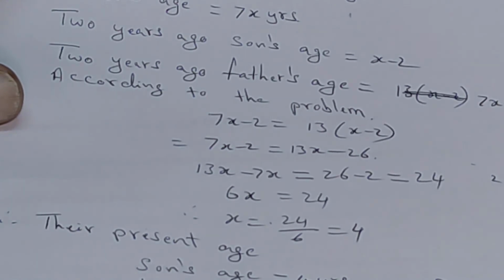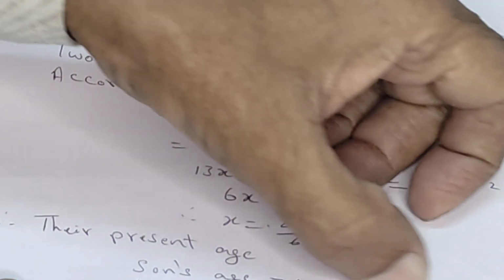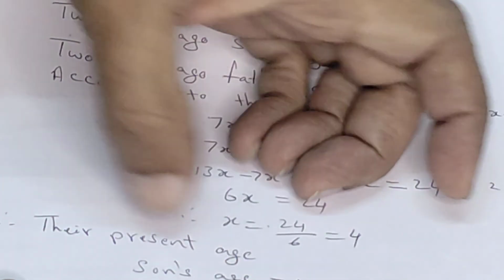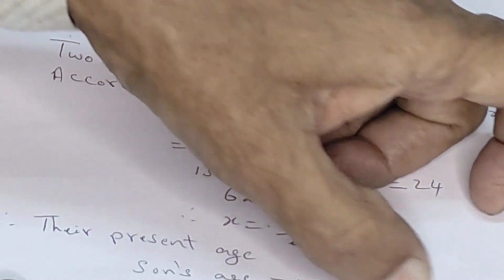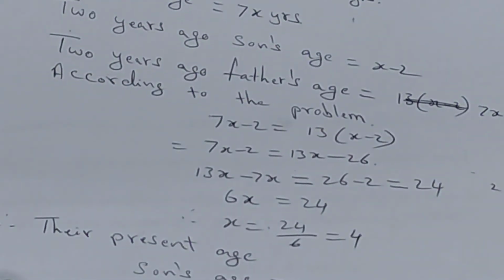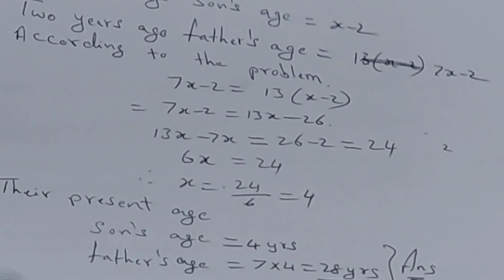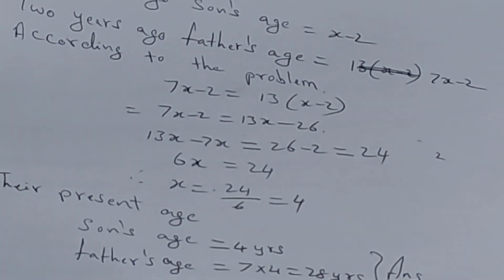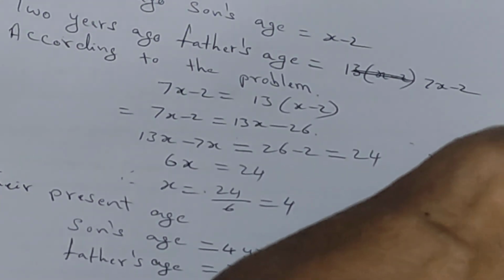That would be 28 years, 7 into 4. So son's age is 4 years, present age, and father's age is 28 years. Okay, clear? So that is how you solve the problem. Correct? Next.